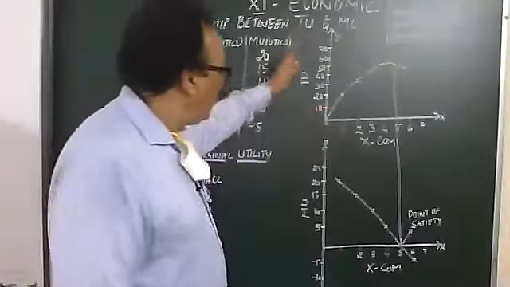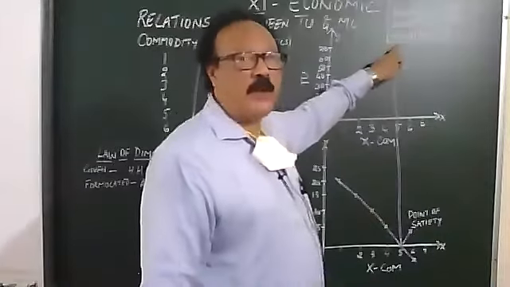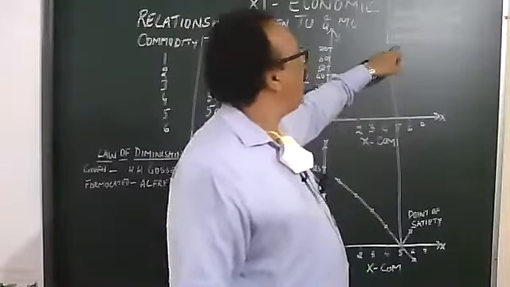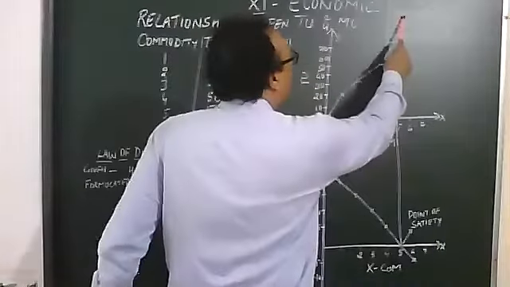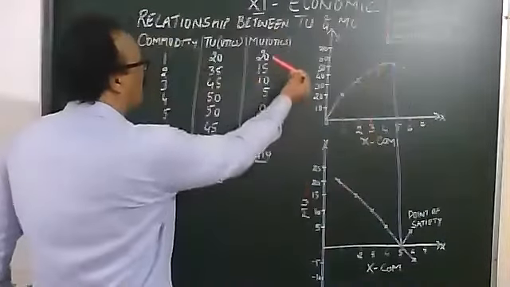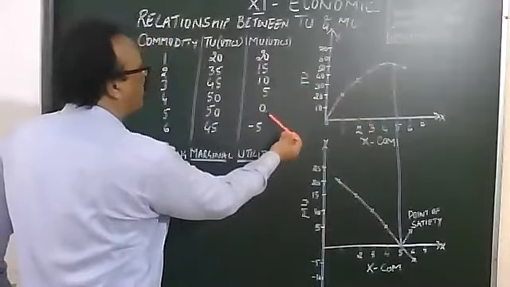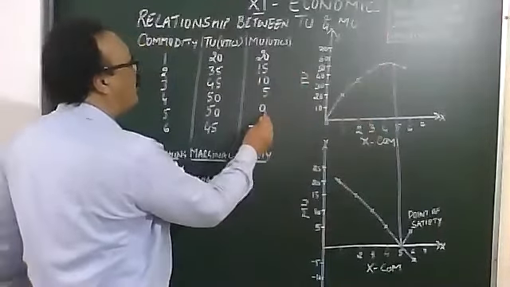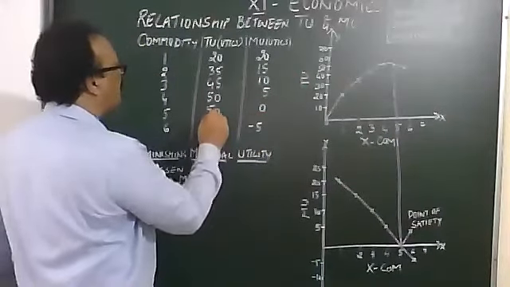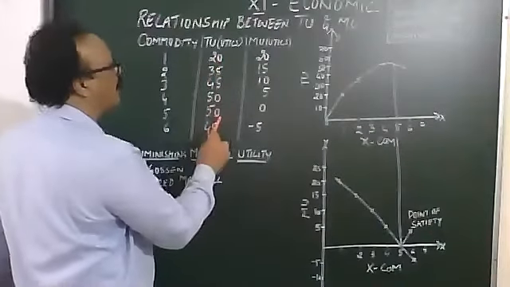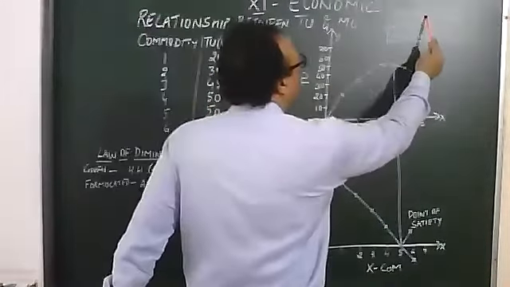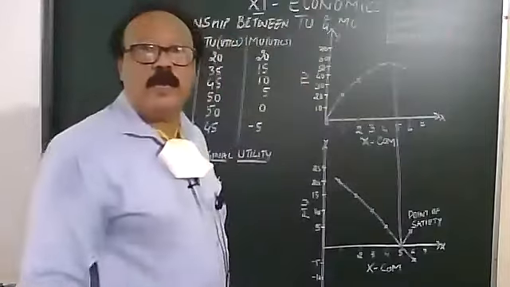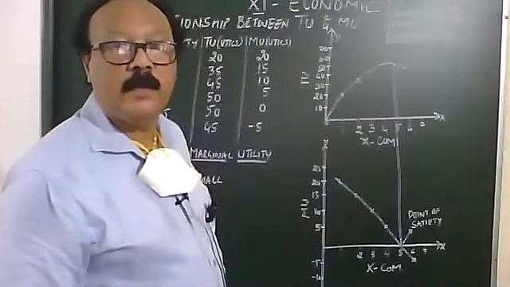Then to sum this up, I had made an explanation box yesterday also, where I showed you whenever your MU is positive, where is MU? From here right up to 0, it is positive. What is happening to TU? TU is rising. Can you see TU is rising? So when MU is positive, your TU is rising.